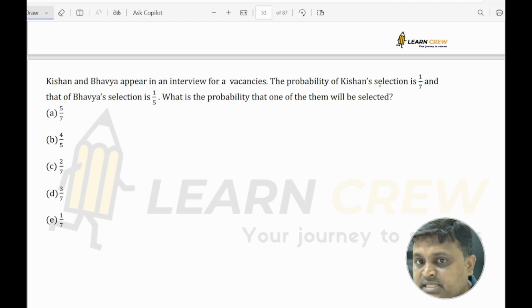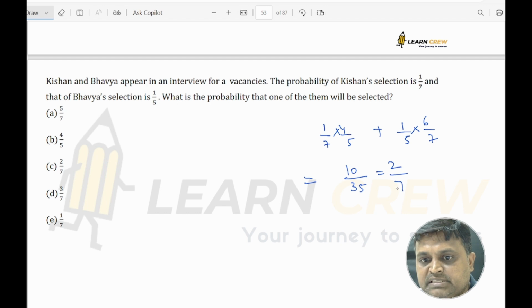So Kishan selected means Bhavya not selected, Bhavya selected means Kishan not selected. Both are independent. So here you can say 4/35 plus 6/35, which is 10/35. So 5 2s, 5 7s. So 2/7 is the answer. Next.